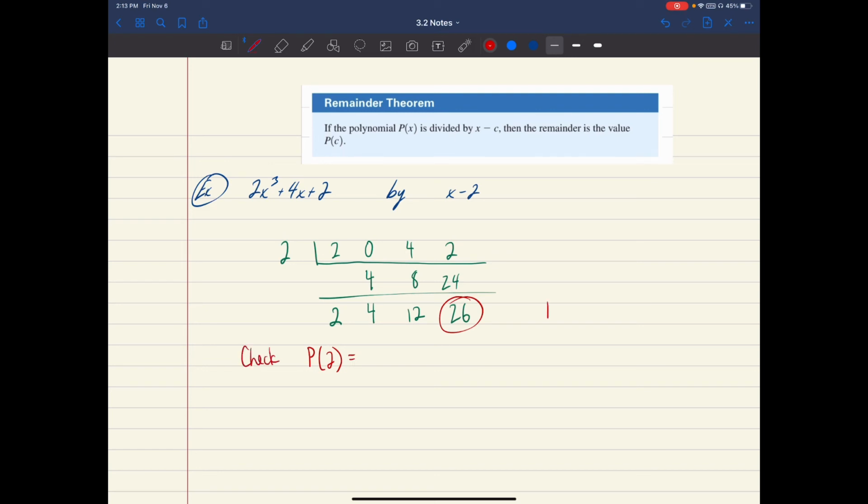So what I'm saying is P of 2 is 26, and now we're going to check that. Well, P of 2, we would replace 2 in all of these. And does that add to 26? So 2 cubed is 8 times 2 is 16 plus 8. 16 plus 8 is 24 plus 2 is 26.